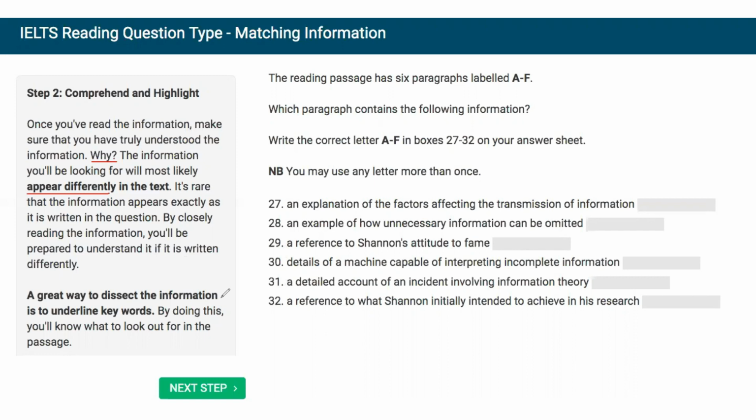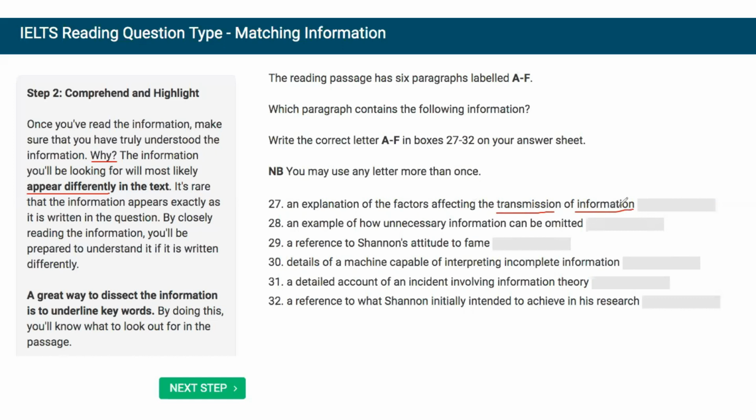So let's start with number 27, the original phrase, an explanation of the factors affecting the transmission of information. Now, let's look for keywords. I would say here, transmission of information. These are the key words. And so if you want to think of paraphrasing, think of synonyms. This is a great way to go about doing that.